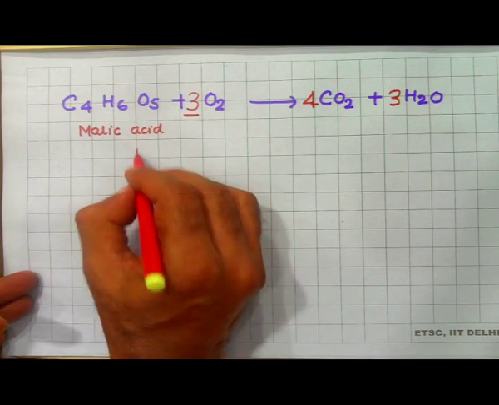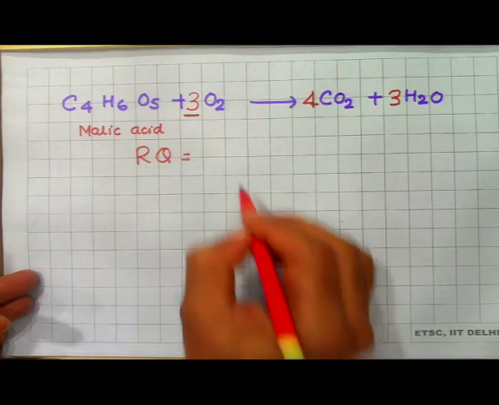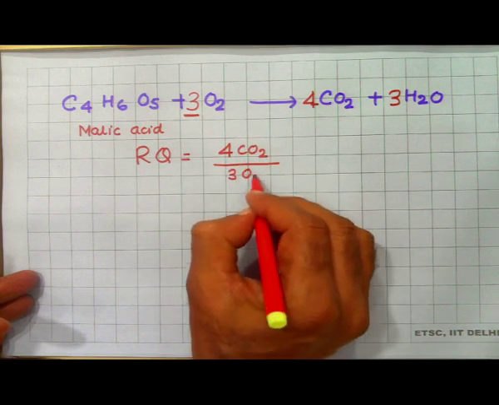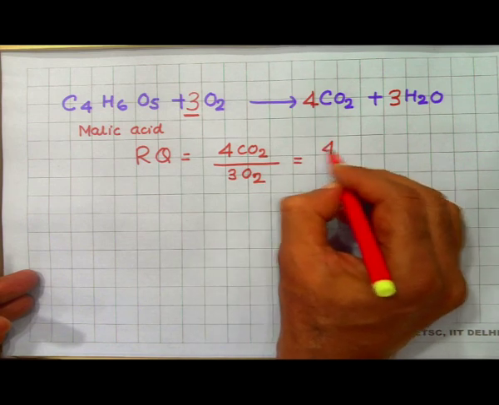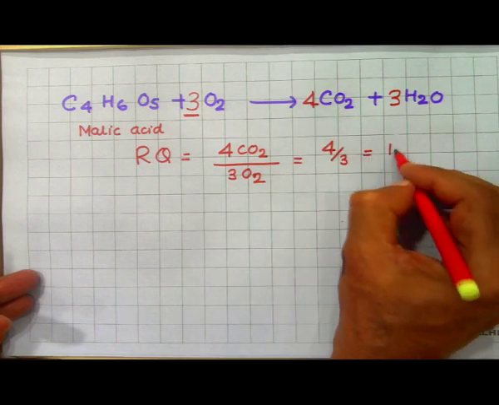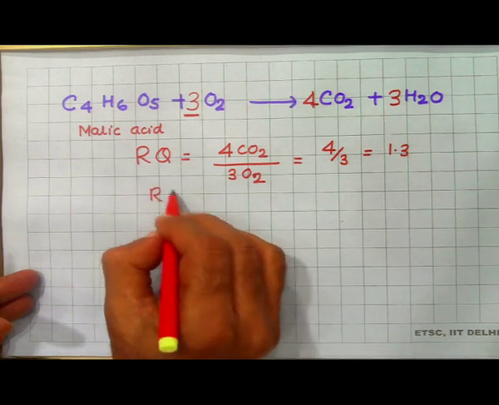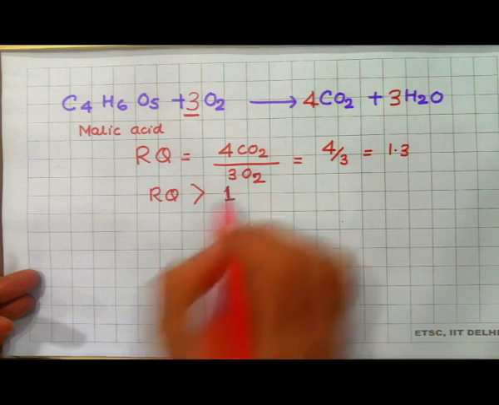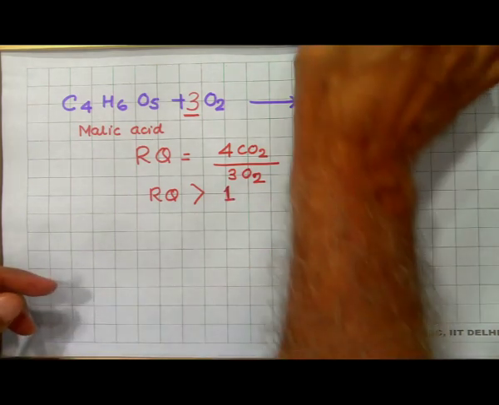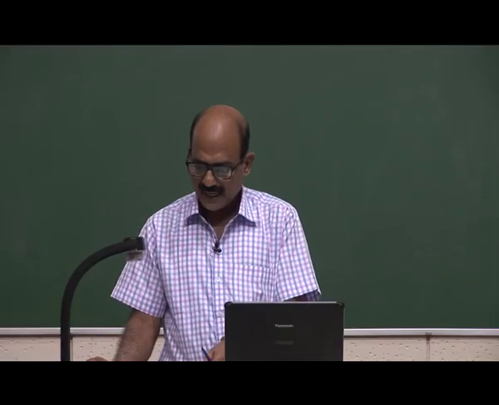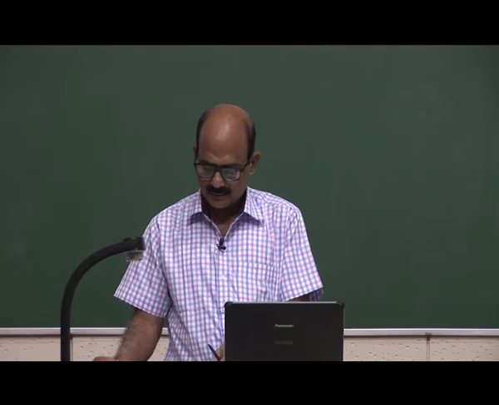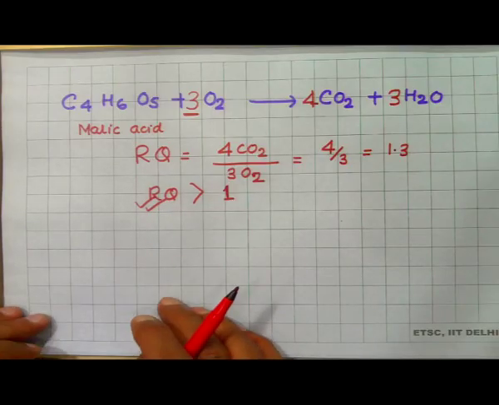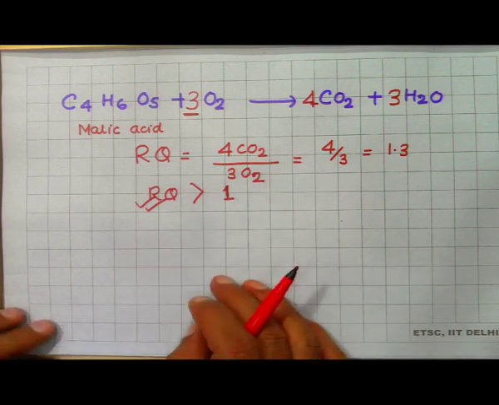Now, what will be the RQ? RQ will be 4 CO2 divided by 3 O2 consumed, that is 4 by 3, that means 1.3. Here also RQ is greater than 1, then the substrate will be organic acid. Now, with the help of this discussion, we can finally show that the value of RQ classifies the organic compound or the respiratory fuel that can be used.